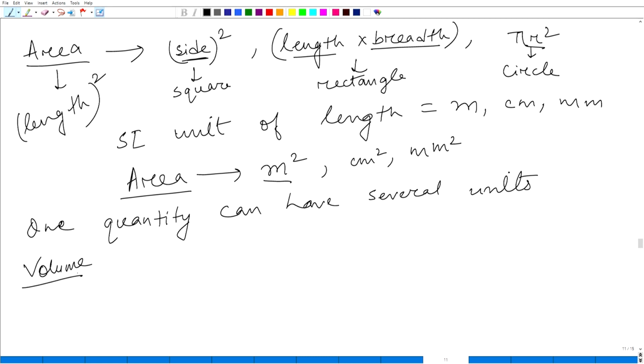Now, if we are talking about volume, then we generally see that volume has length raised to the power of 3. That is, if we are talking about a cube, the volume of a cube is generally side raised to the power of 3. For a cuboid, we have length into breadth into height.